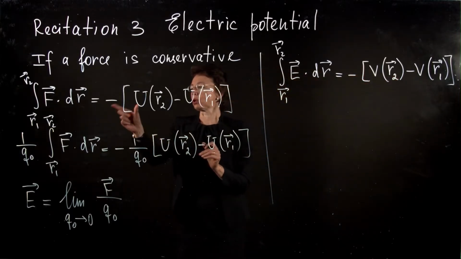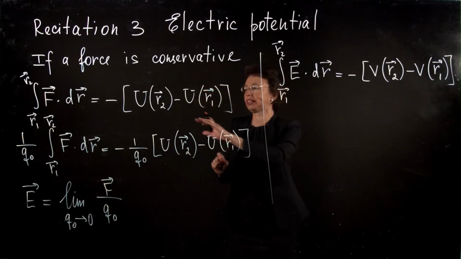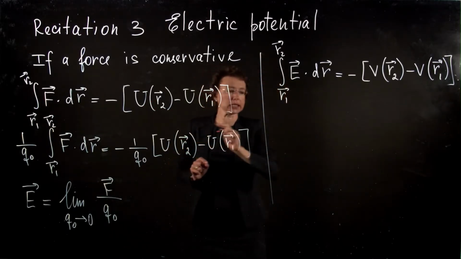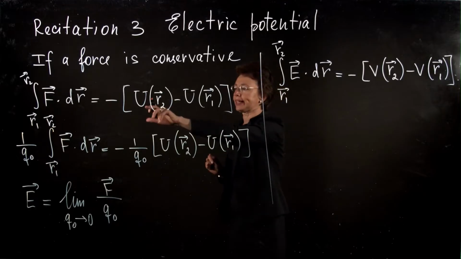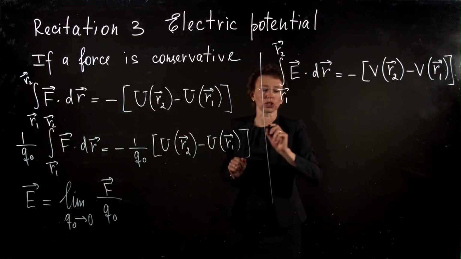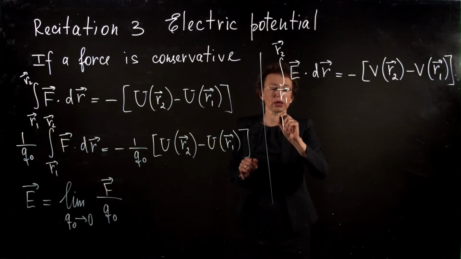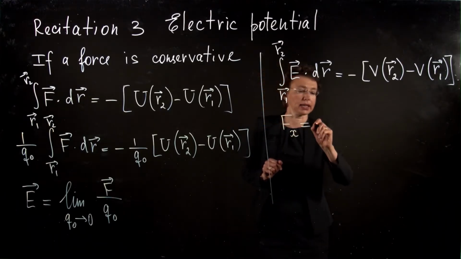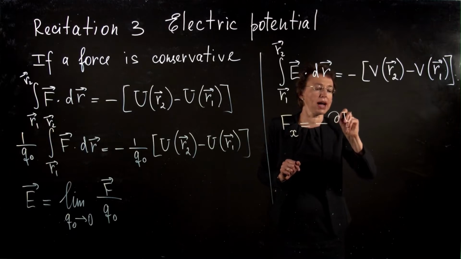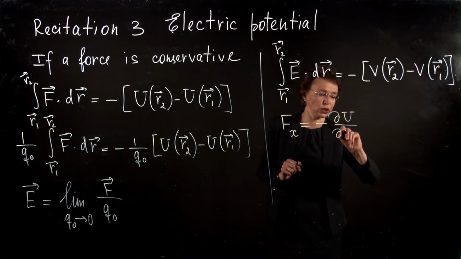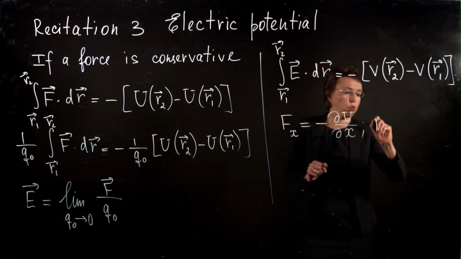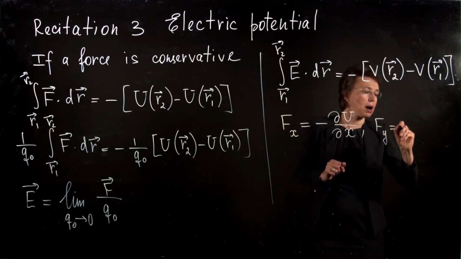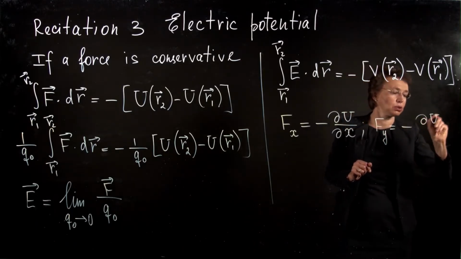From mechanics, we also know that if a potential function U exists, then from this scalar potential energy function we can retrieve both components of force. So what will be Fx? It is minus the partial derivative dU dx. And Fy is minus the partial derivative dU dy.